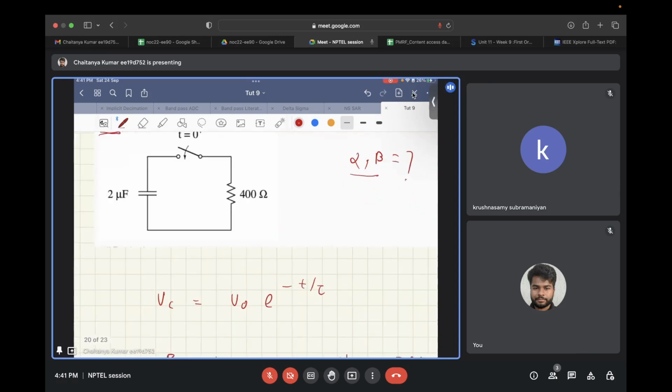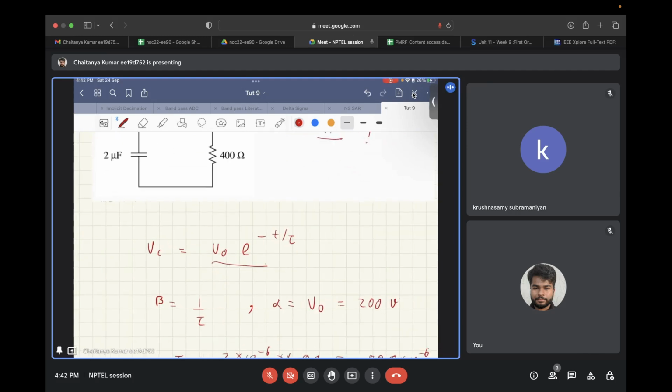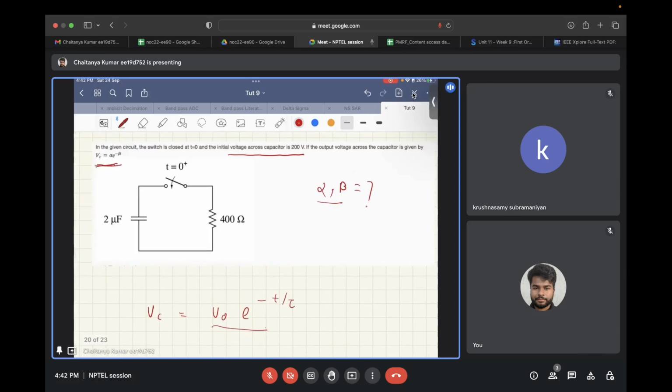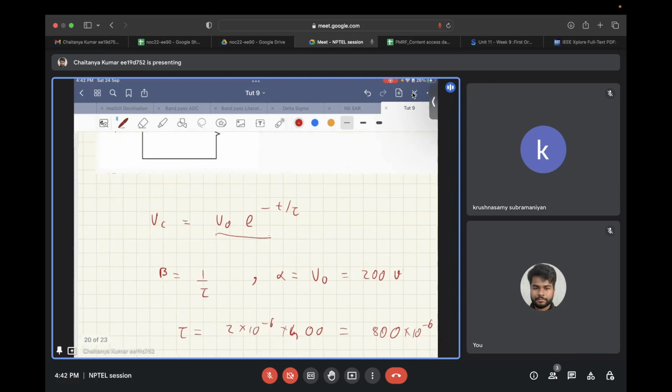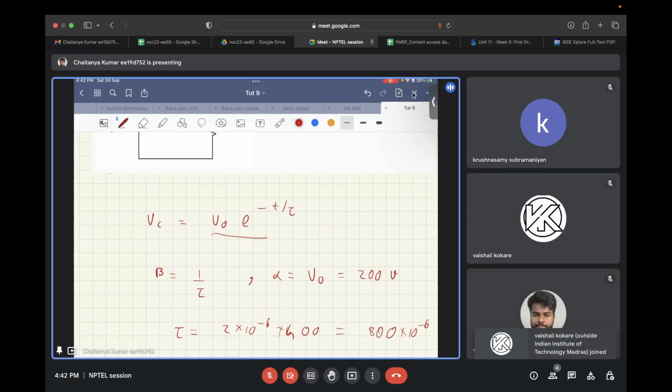We discussed earlier that in this case, the voltage across the capacitor discharges in the form of the equation V naught, the initial voltage, into e to the power minus t by tau. So by comparing with the equation given in the question, beta comes out to be 1 by tau, and alpha comes out to be the initial voltage of the capacitor, that is V naught.